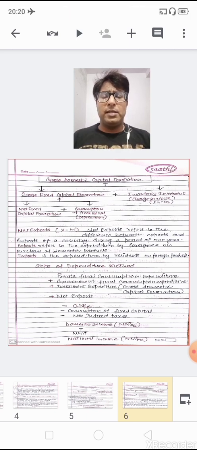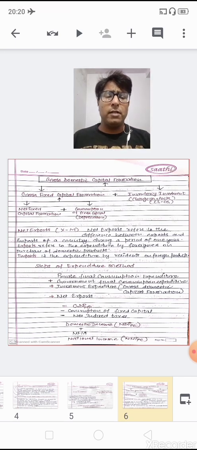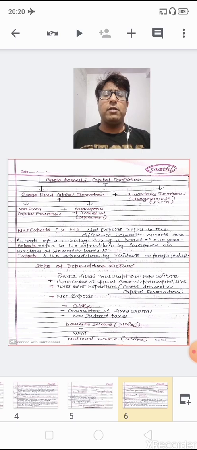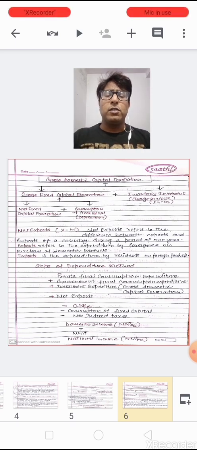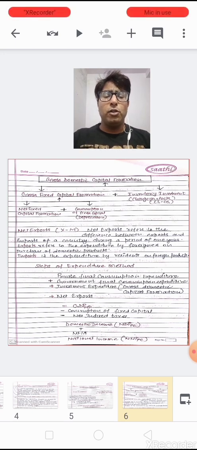When these are subtracted from GDP MP, we will get the value of domestic income, which is known as NDP FC. And when NFIA is added to the domestic income, we will get the value of national income, which we can denote as NNP FC. So these are the steps you have to follow in solving your numericals.